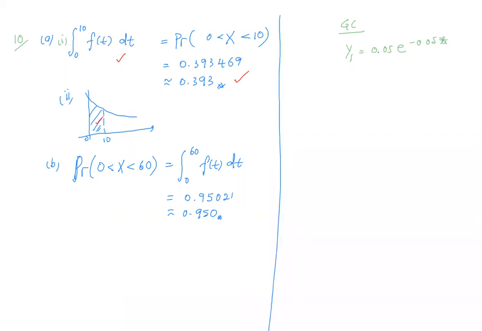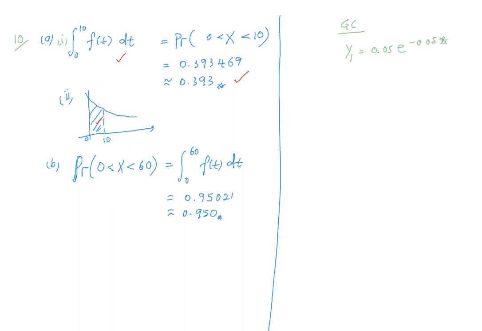Class, now look at the second part. Of 200 individuals who enter the stadium, how many does the model predict spend more than 60 minutes in their entire queue? What we found is the probability of spending less than 60 minutes, correct?